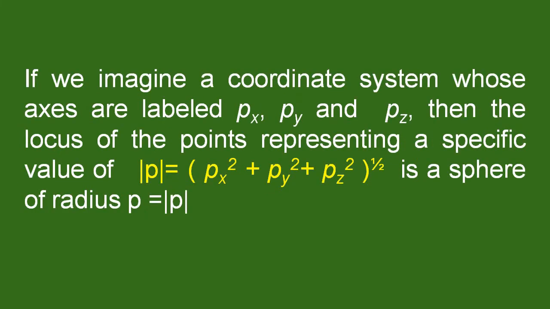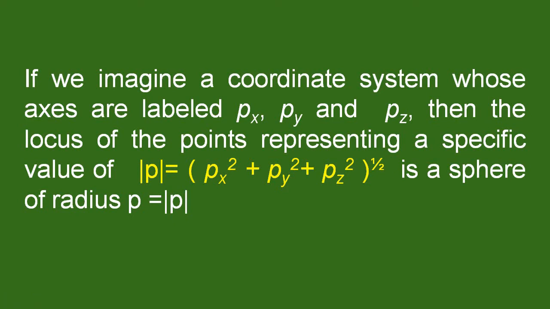If by developing a theory we will be able to describe the shape of that spectrum with our developed theory, our theory is a successful theory, and that actually we are doing. So, if we imagine a coordinate system whose axes are labeled px, py and pz, then the locus of the points representing a specific value of p, actually this p you have to consider as a vector, but we are now taking only the magnitude. p is equal to (px square plus py square plus pz square) whole raised to half, a known expression to us.